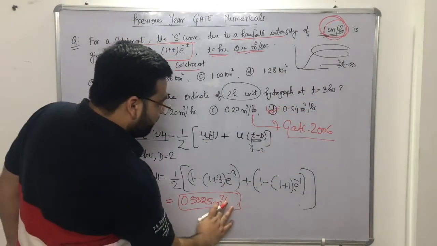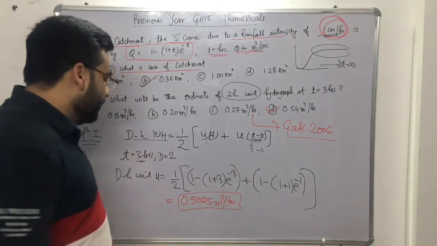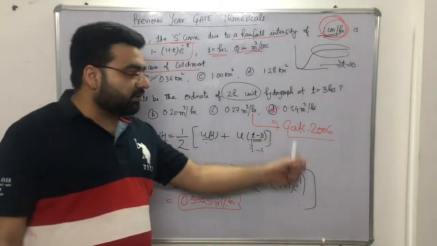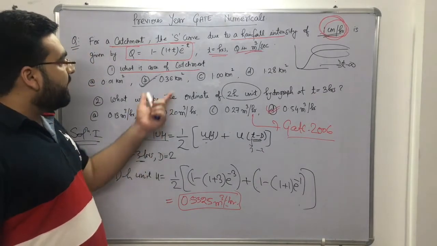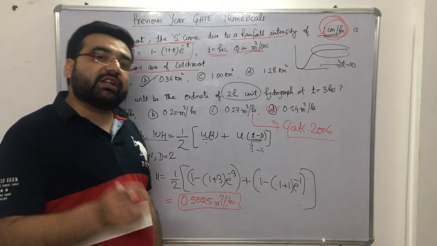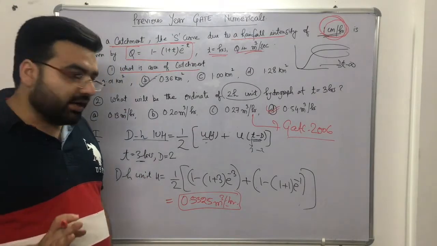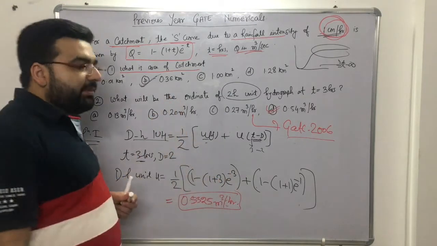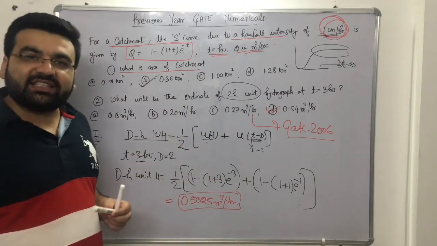I hope you have understood this numerical which came in GATE 2006. If you know the concept, 2 plus 2, 4 marks were done for you. And in the GATE examination, even a single mark is very important. Clear?